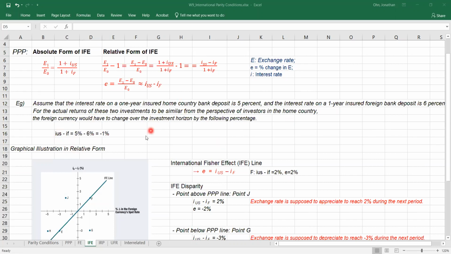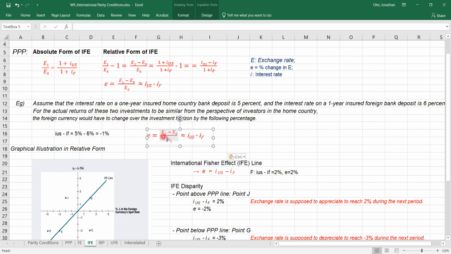The currency is not given here, but let me use this model, the relative form here.